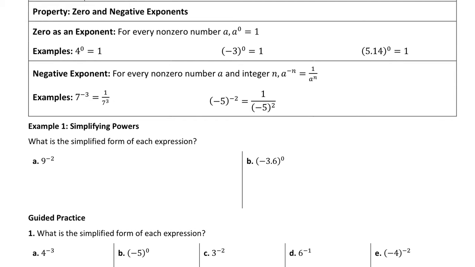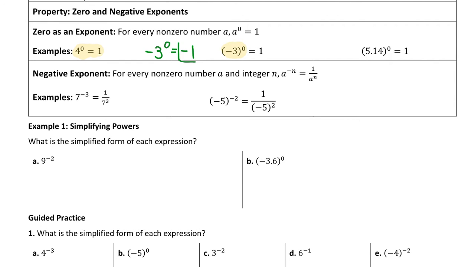Zero as an exponent states that for every non-zero number a, a to the 0 power is 1. For example, 4 to the 0 power is 1. Negative 3 to the 0 power is 1. An important distinction there is that negative 3 inside parentheses to the 0 power is different from negative 3 to the 0 power without the parentheses.